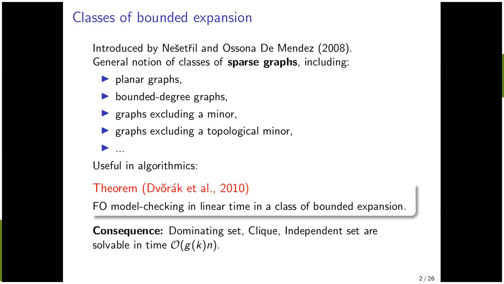Concretely, if we want to know whether there exists a dominating set of size k, we can answer it in time f(k) times n in such a fixed class. Whereas in general it's not possible, because it's a problem which is W[2]-hard, so from complexity theory this is not possible for every graph, but in a class of bounded expansion, we have much better algorithms.